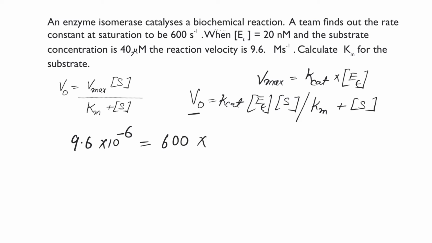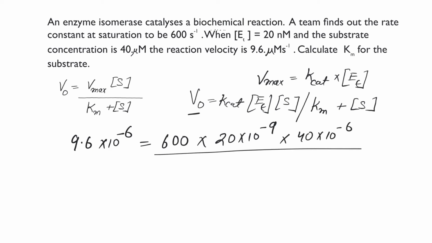Now you have to write ET. ET is given as 20 nanomolar, so 20 times 10 to the power minus 9. I'm not writing the units right now, just to prevent confusion, but you should write the units while you're solving. Substrate concentration is given to be 40 micromolar, so 40 times 10 to the power minus 6. Again we have to find Km, so let's just leave Km at that.